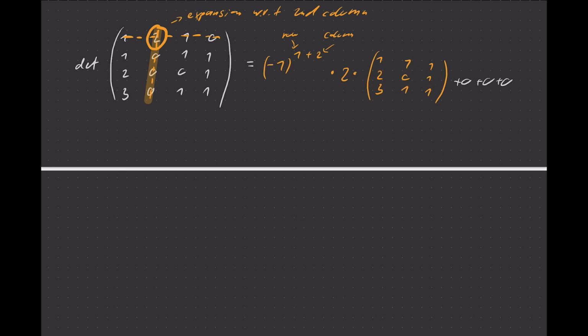And just for the sake of having a row as well, I'll use this row here for my Laplace expansion now. Okay, now what happens here is we'll do an expansion with respect to the second row.